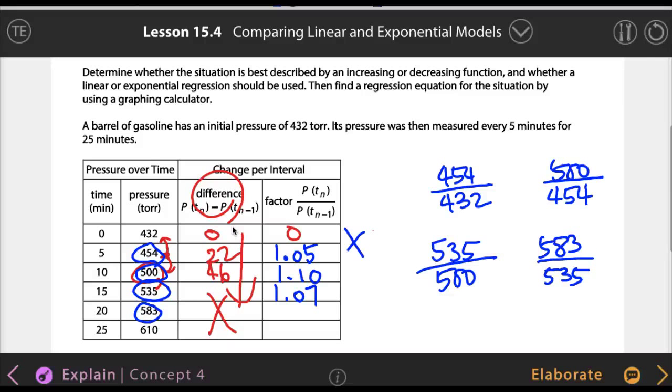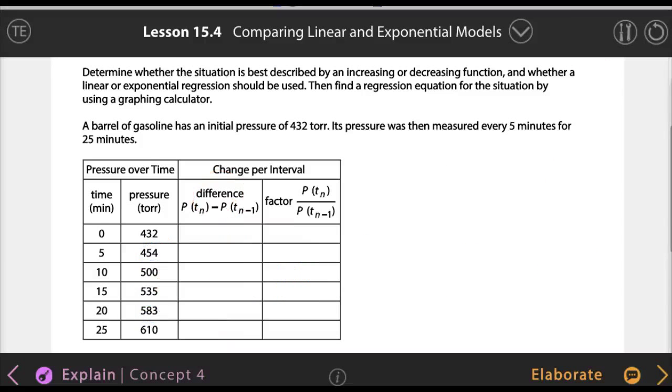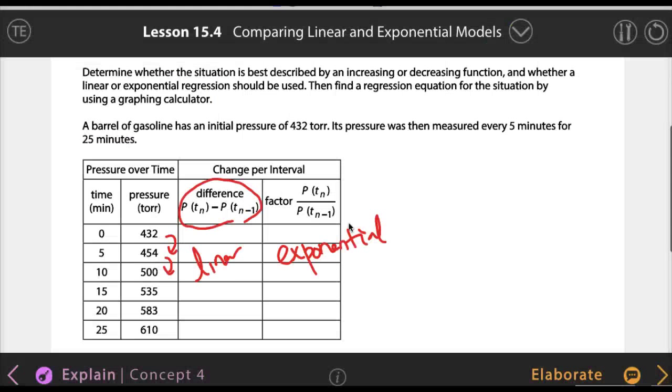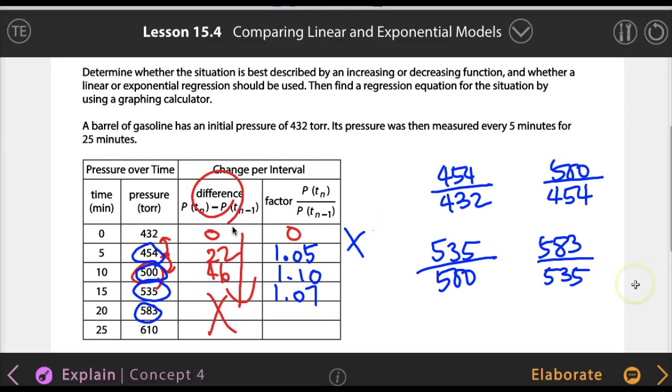Let me go back to the calculator. So it's 583 divided by 535. And so now it's 1.08. There you go. It's now 1.08.